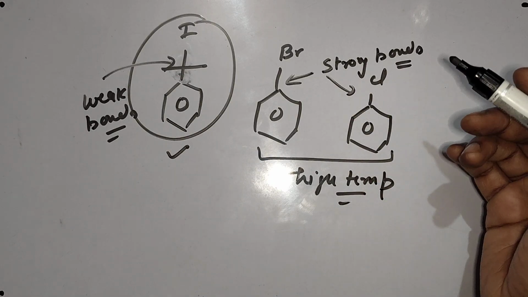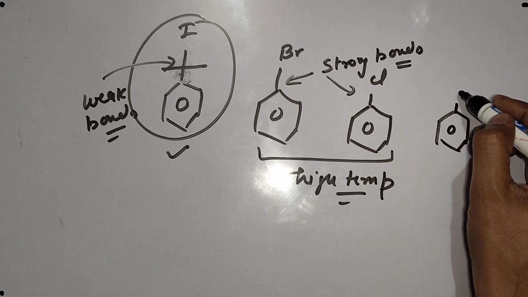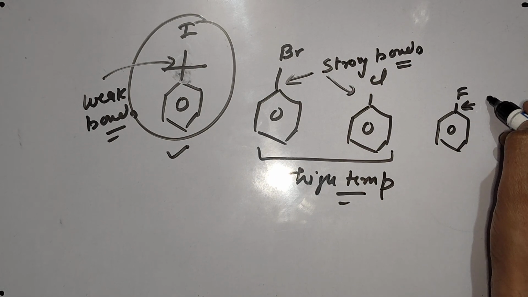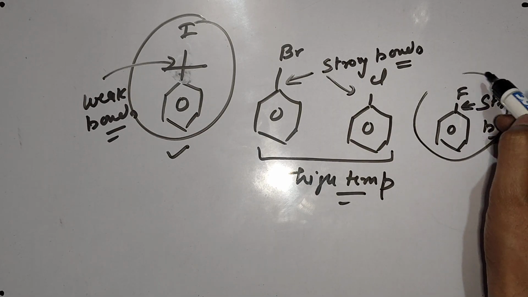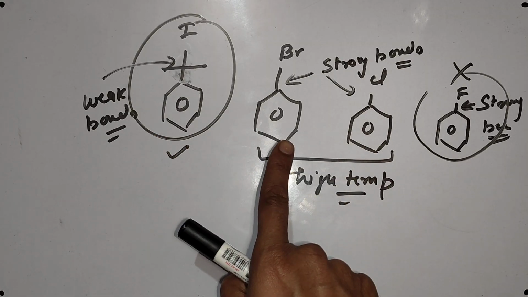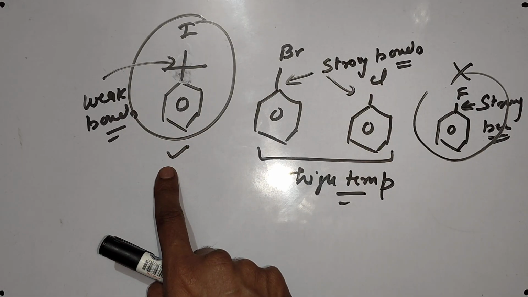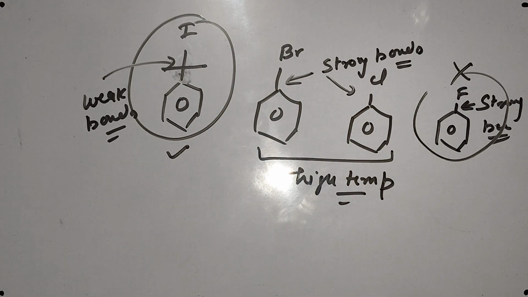And with fluorobenzene, it is completely impossible because a very short bond is there between fluorine and carbon, so it is a very strong bond. That's why Ullmann reaction is not shown by fluorobenzene. These three will show Ullmann reaction, and out of these three, iodobenzene is very highly reactive in Ullmann reaction due to the weak bond between carbon and iodine. This is the end of the video. Thank you very much.